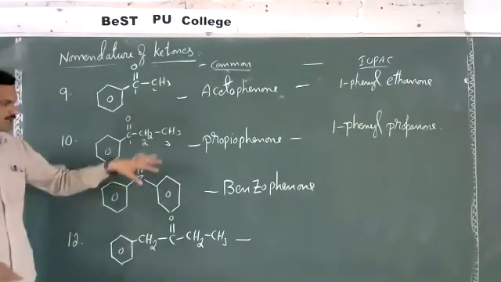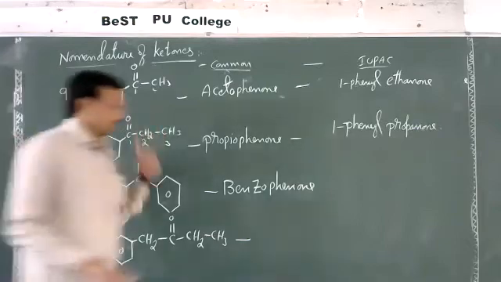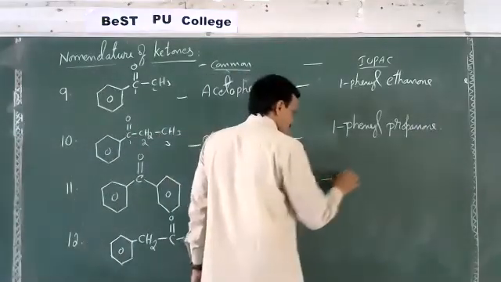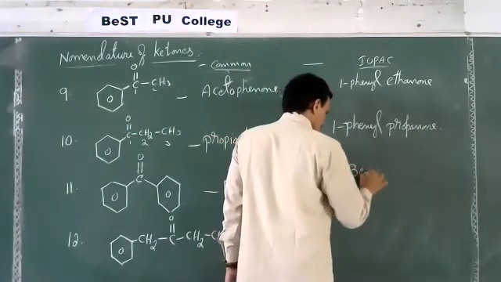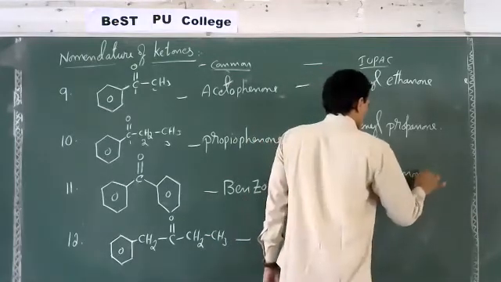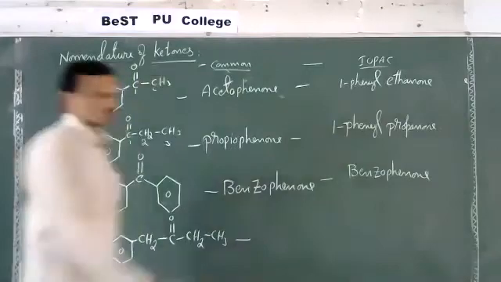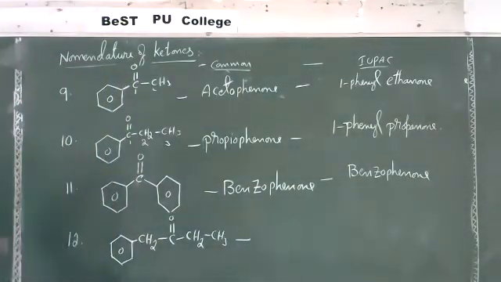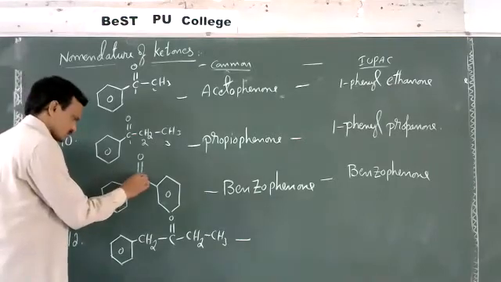Simply named benzophenone. Even the IUPAC name is written the same, benzophenone only. So both the common name and the IUPAC name are the same, benzophenone, in the case of this ketone.